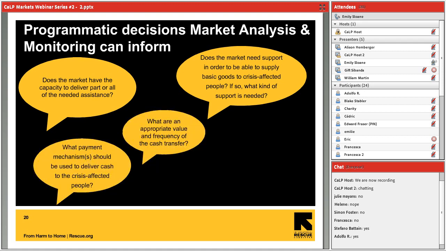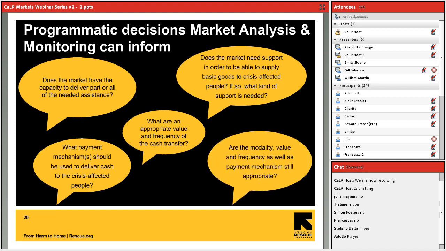And then later in programming, as you're actually designing a concrete program, you've decided that cash is appropriate, which payment mechanism should be used to deliver cash to crisis-affected people, and what's an appropriate value and frequency of transfer. And then throughout programming, are the modality, value, and frequency, as well as payment mechanism still appropriate? So should be fairly straightforward to anyone who's been involved with cash programming.